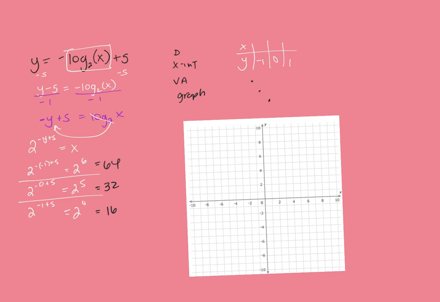This was my 64, this is my 32, this is my 16. If I did 3, I'm getting 2 to the negative 3 plus 5, which is 2 to the second, which is 4. That's the first one actually on my graph down here. If I said 4, now I get 2 to the negative 4 plus 5, that's 2.